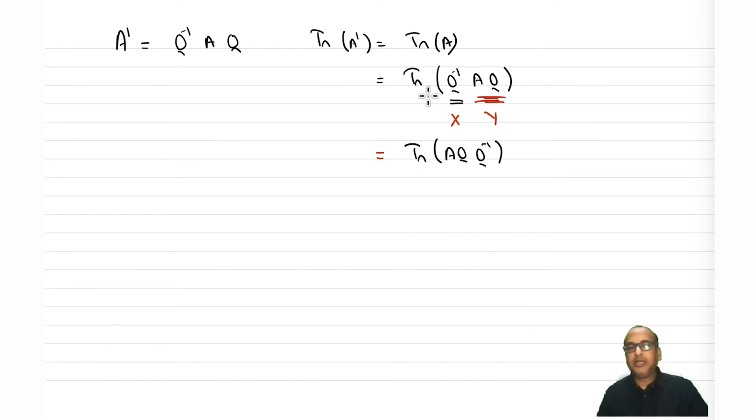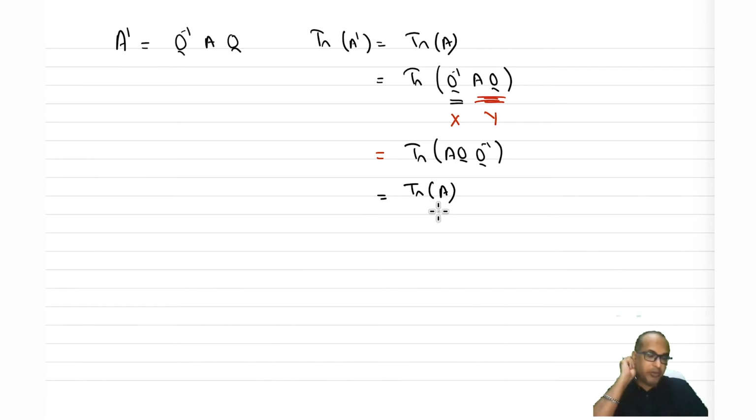We have just seen that trace of AB is equal to trace of BA, so trace of XY is equal to trace of YX. Now Q Q inverse will be equal to E, so this will be trace of A. So we have very easily shown that trace of A prime is equal to trace of A.